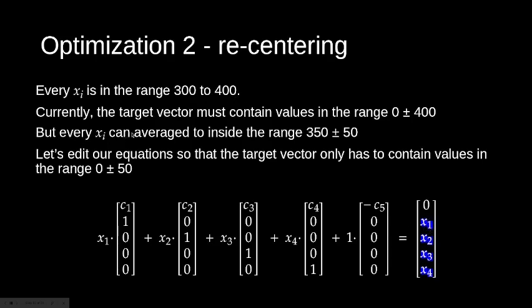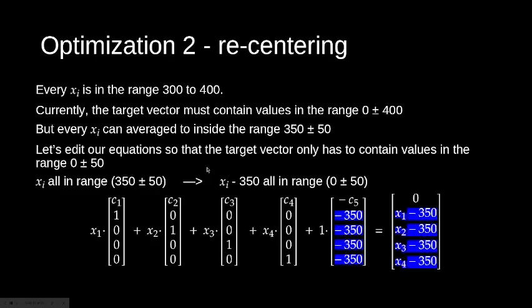But every x can be averaged to inside the range 350 plus or minus 50. 350 is the average of 300 and 400. So let's edit our equation so that the target vector only has to contain values in the range -50 to 50. So to do that, we just subtract 350.